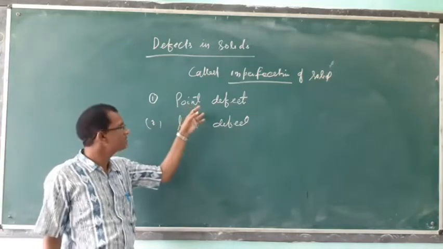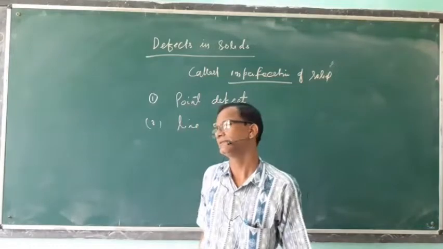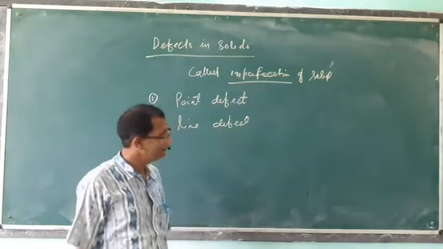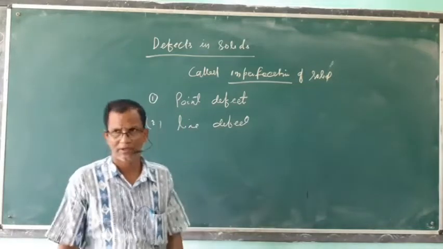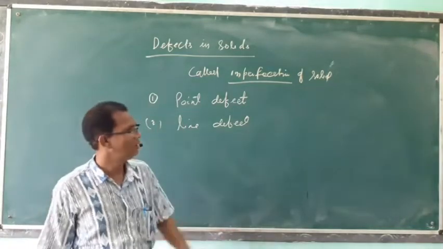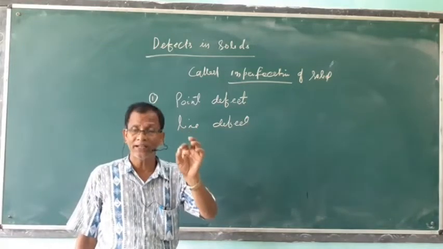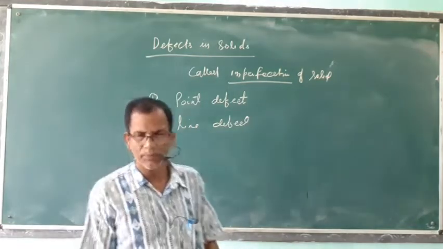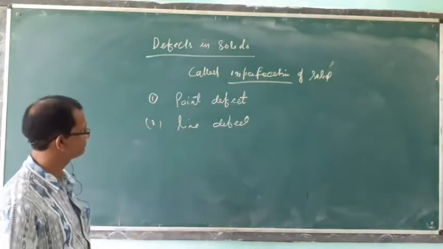Point defect means irregularity in a particular lattice point. When we observe defect around the lattice point in a particular point, that is called point defects.